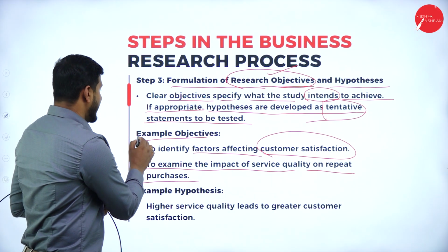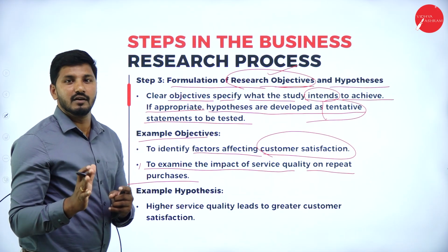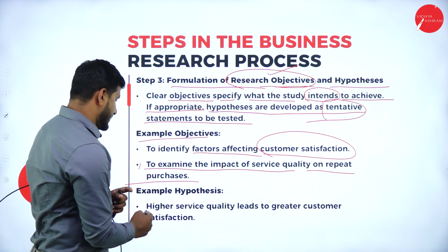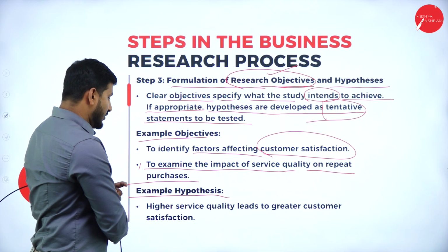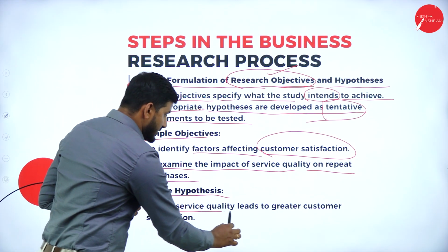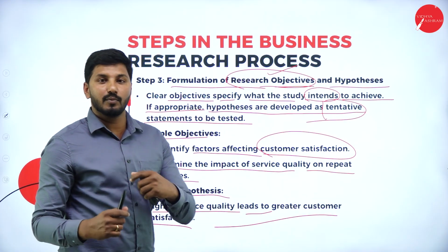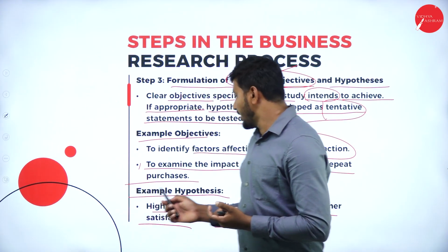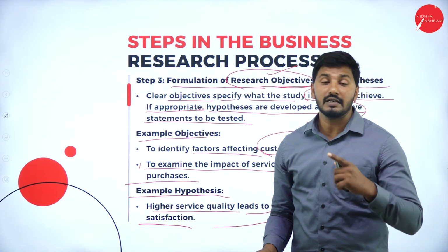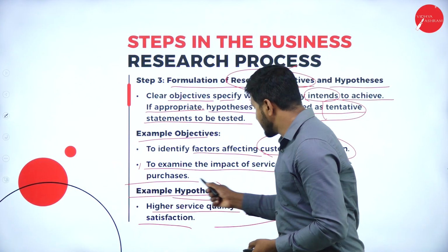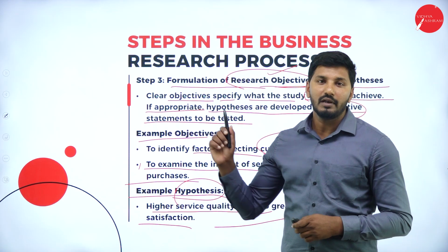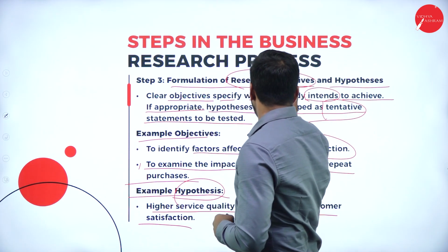These are example objectives we have to set for that particular business research. Then an example related to hypothesis: higher service quality leads to greater customer satisfaction. If you are providing quality in that manner, automatically the customer will be satisfied. This is the kind of hypothesis we have to set in the formulation of objectives and hypotheses.